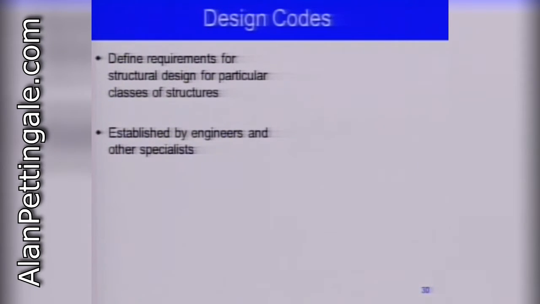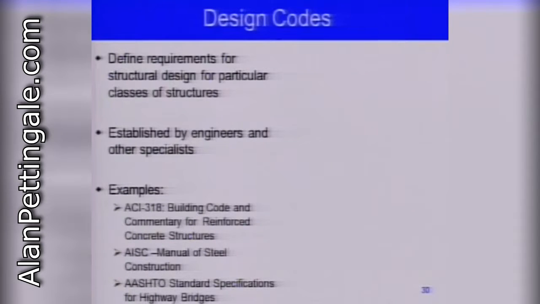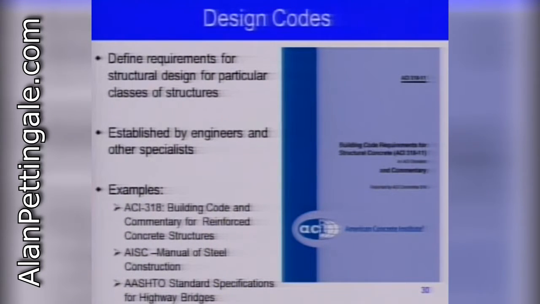These are put together by specialists and engineers, and these define the requirements to design for a particular class of structures. So if you have a concrete structure, you're going to use what American Concrete Institute 318 provides. If you have a steel structure, you go with AISC. Bridges, AASHTO. And that's how the concrete document looks.